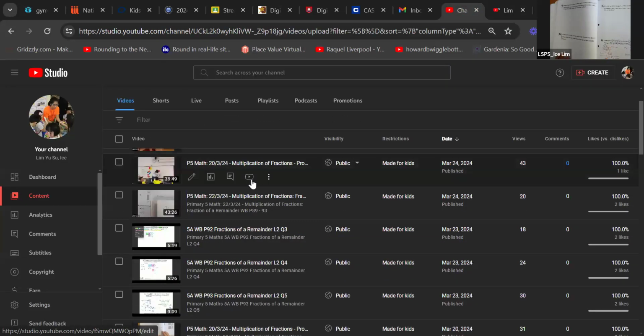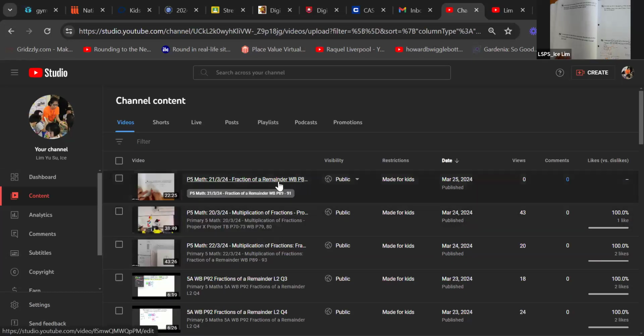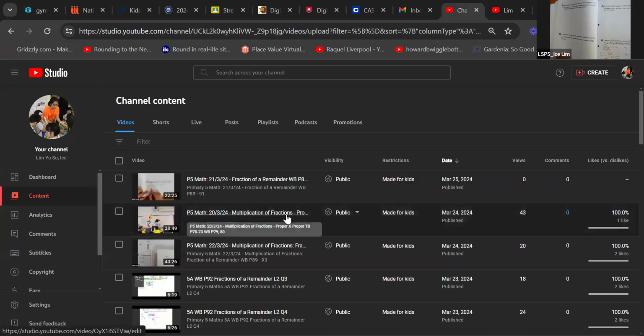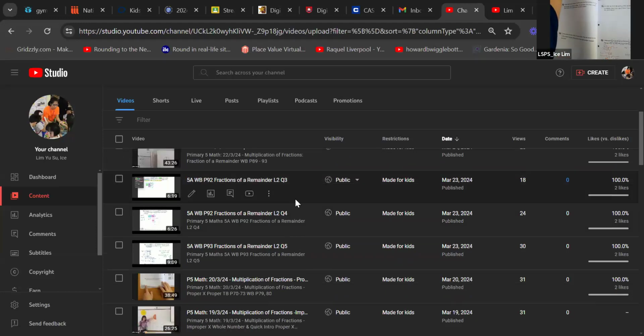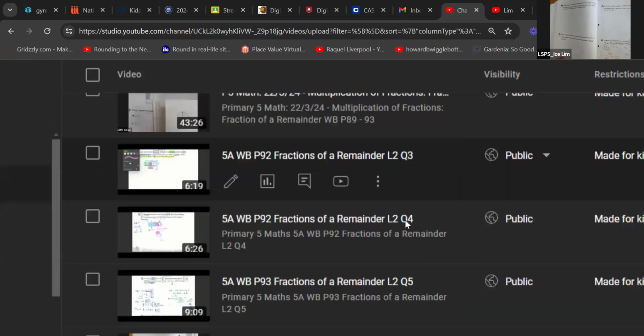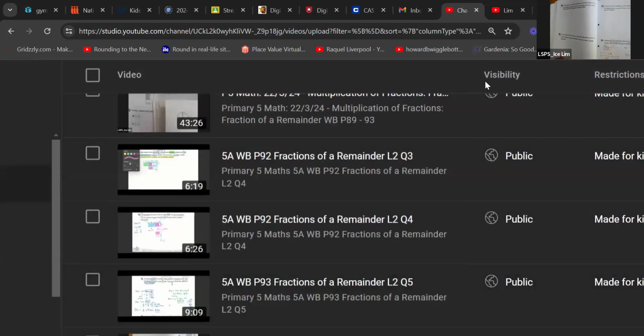As long as you see something that you do not know or are not familiar with, for example, fraction of a remainder, multiplication of fractions, and then the questions here, fractions of remainder, question 3, question 4, question 5 on page 92. These are homework questions for last weekend.